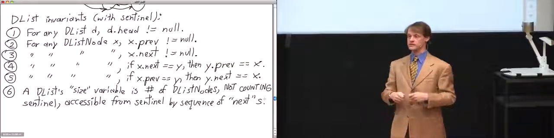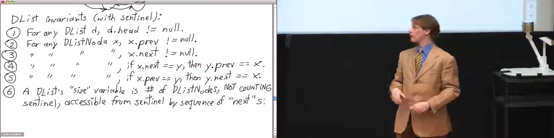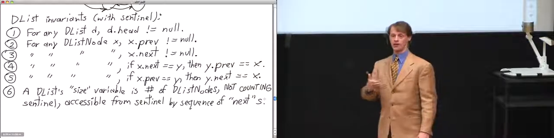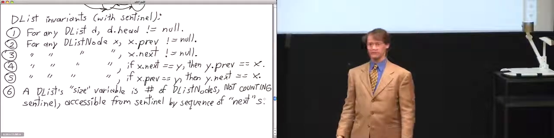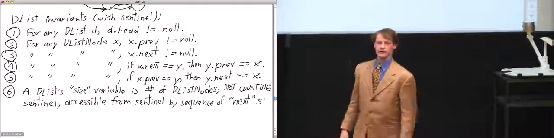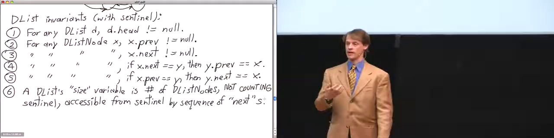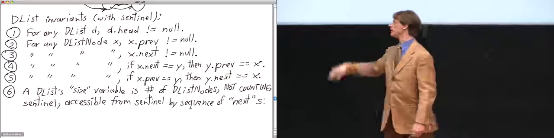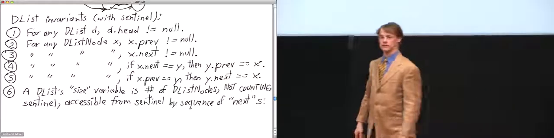Your job is to write the method so that they still hold at the end. Of course, if these invariants are broken when you start a method, then the method isn't really expected to be able to fix them. The idea of an invariant is if it's true at the start of a method, it's still true at the end of a method. Or actually, if they're all still true at the start of the method, then each one is still true at the end of the method.